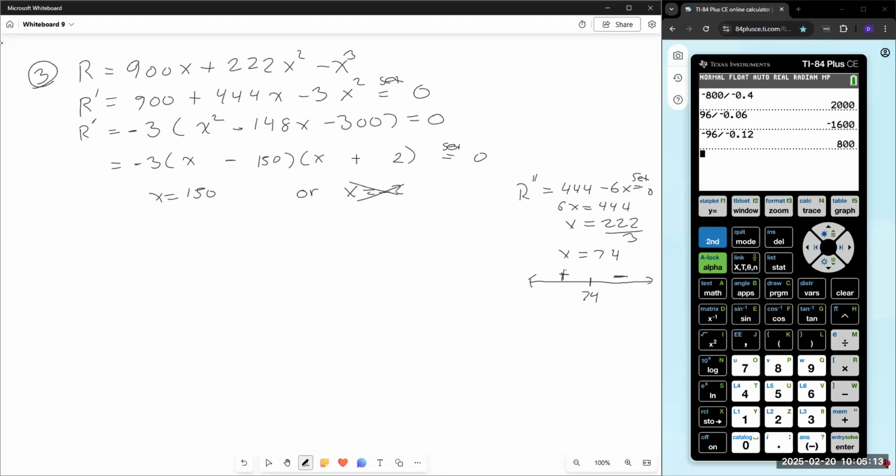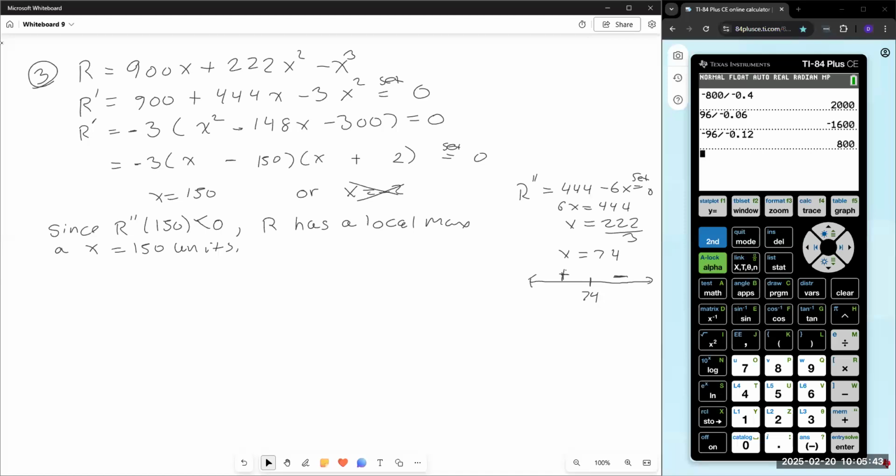Since 150 is to the right of 74, that means that we can say since our double prime of 150 is less than 0, R has a local max at x is equal to 150 units.